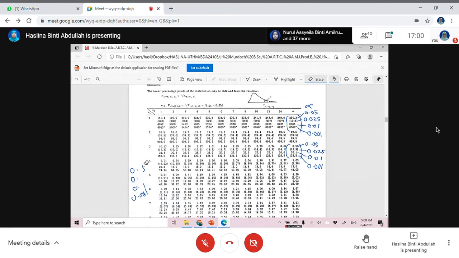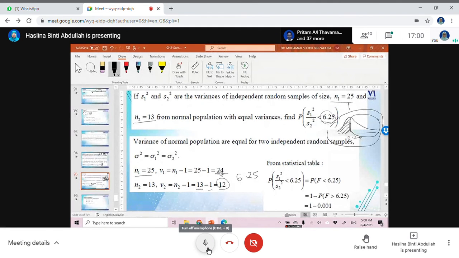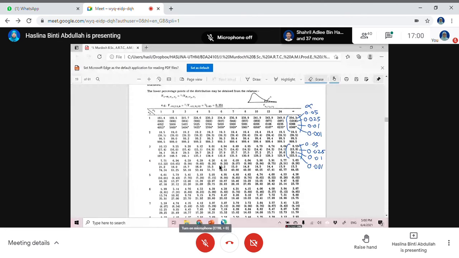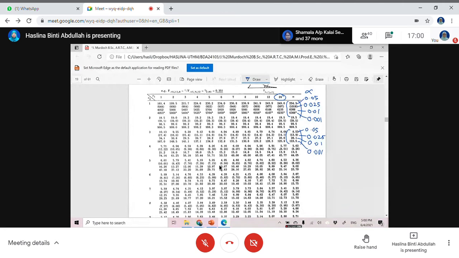What is the value of degree of freedom for sample 1? Berapa? Value dia? Value of degree of freedom. 24. Okay. 24. What is the degree of freedom for sample 2? 12.